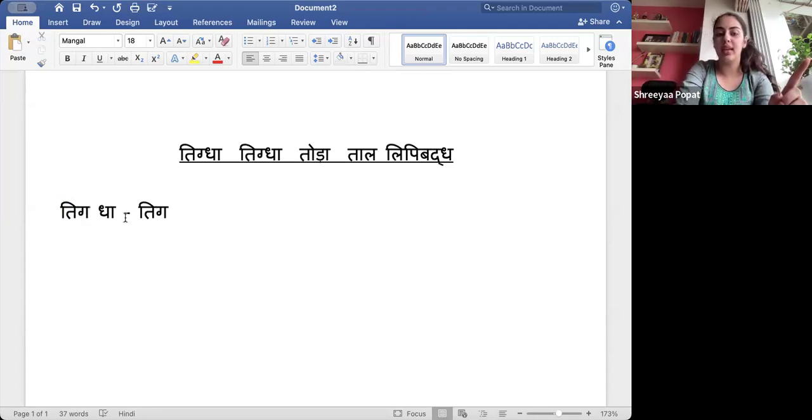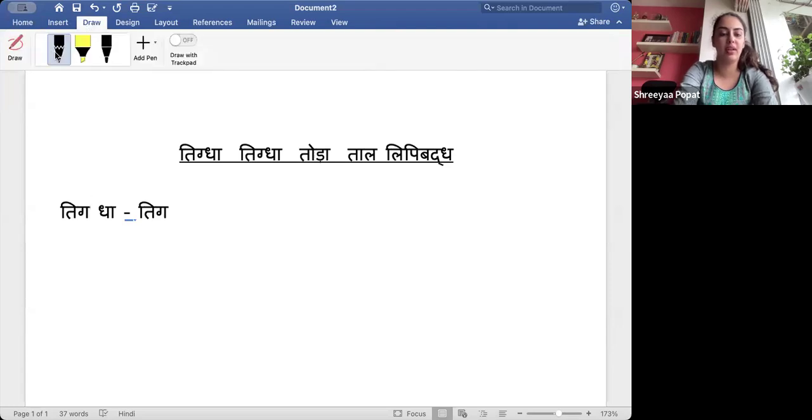So both under this tig and under this tig, we make a round bracket. I'll make a round bracket under tig. And now to show that this is one entire beat of 4 parts, I will make a square bracket under it. This is one entire beat.